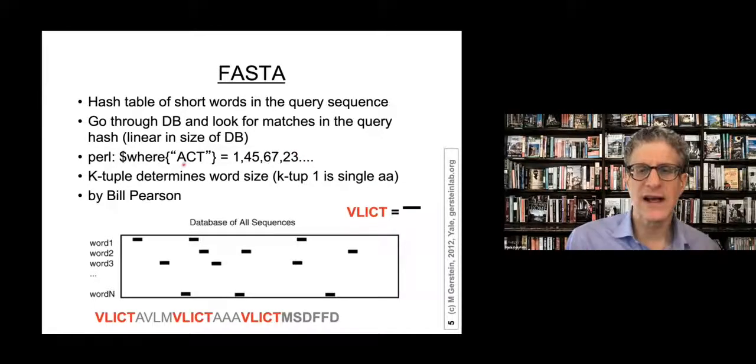The amount of hashing you're doing depends on the k-tuple or k-mer size. You could imagine doing this for 3s, for 4s, and so forth. You get a coarser version of the sequence when you're using bigger k's. And here's a picture of your sequence with your different k-mers.